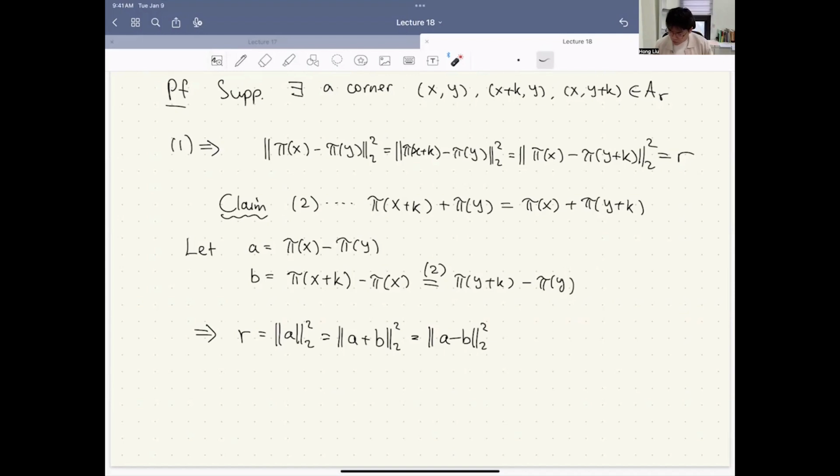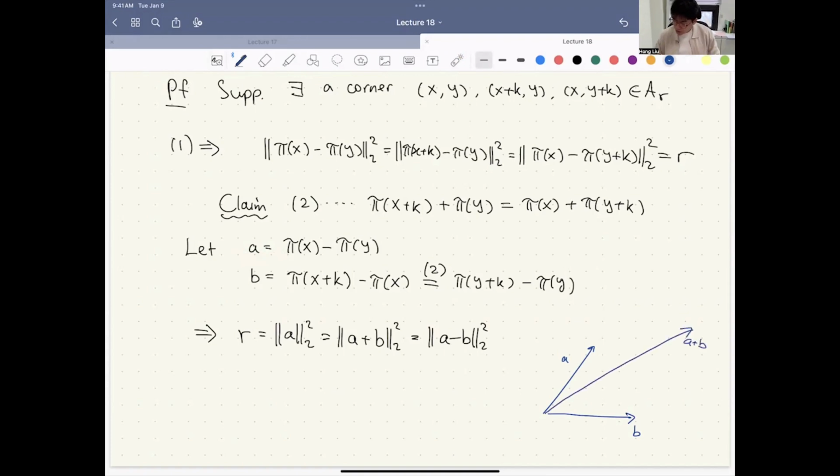So let's draw this picture. You have these three vectors. This is A. Well, this is pi of A. Oh, no, we already defined A as the hypergrid point. This is B, okay? And this is A plus B. What is A minus B? A minus B is this guy.